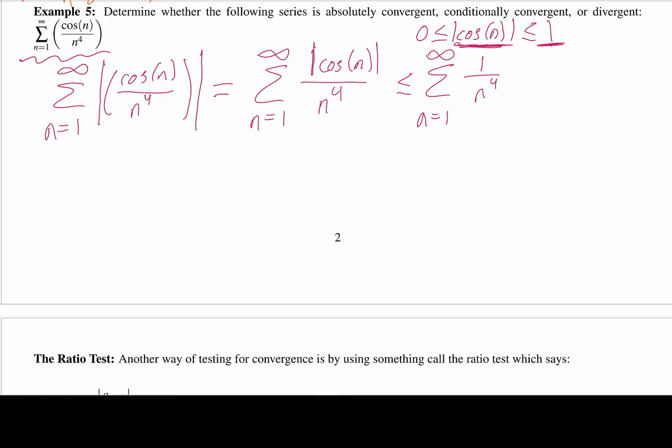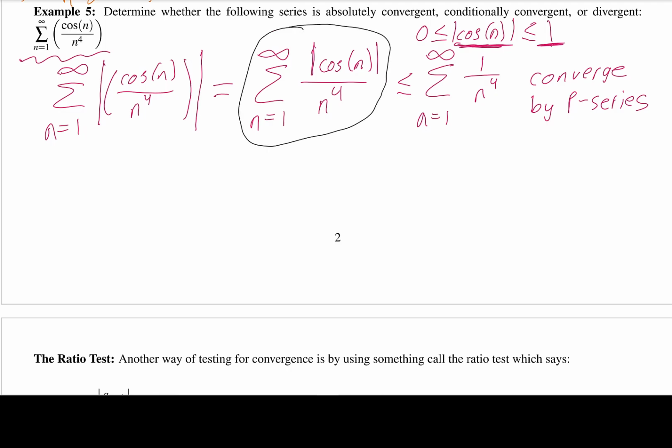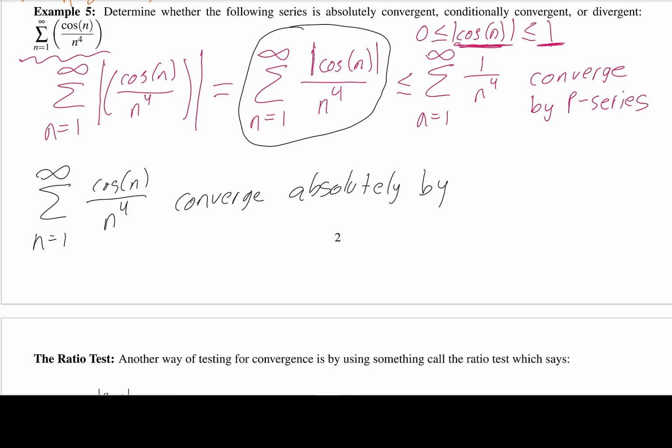Well, this is going to converge by the p-series, which means that this original part, since it's smaller, must also converge, which tells us that the sum from n equals 1 to infinity of cosine of n over n to the fourth is going to converge absolutely by the comparison test, right?